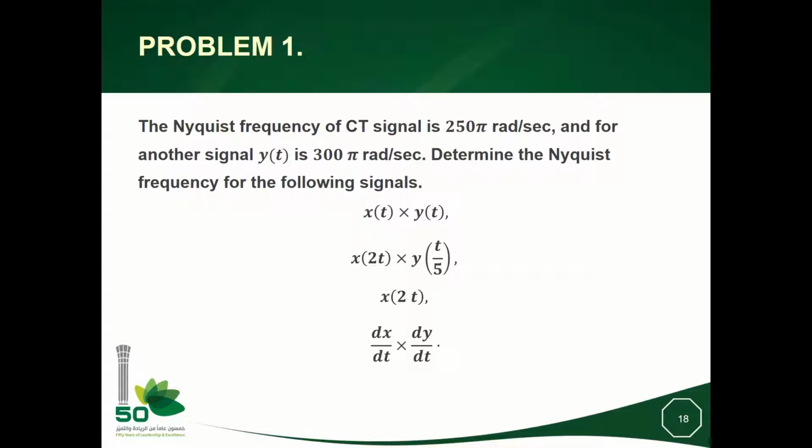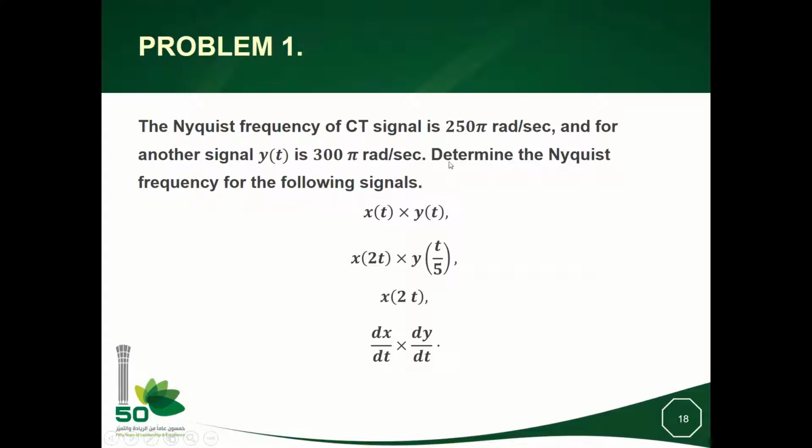So this is the first problem where we have a signal x(t) in continuous time which has a Nyquist frequency equal to 250π rad per second. And we have another signal y(t) which has a Nyquist frequency equal to 300π rad per second.